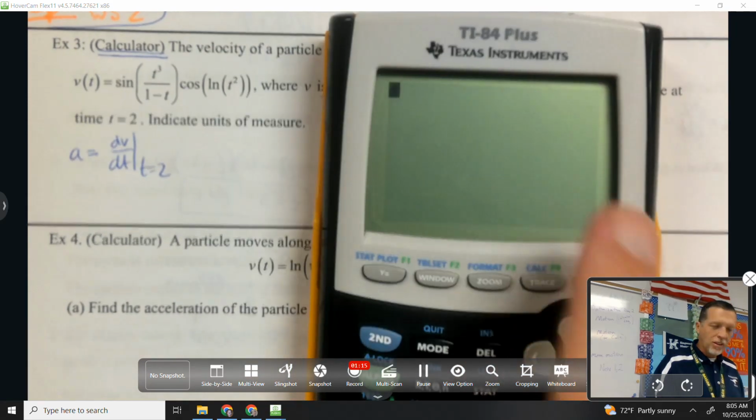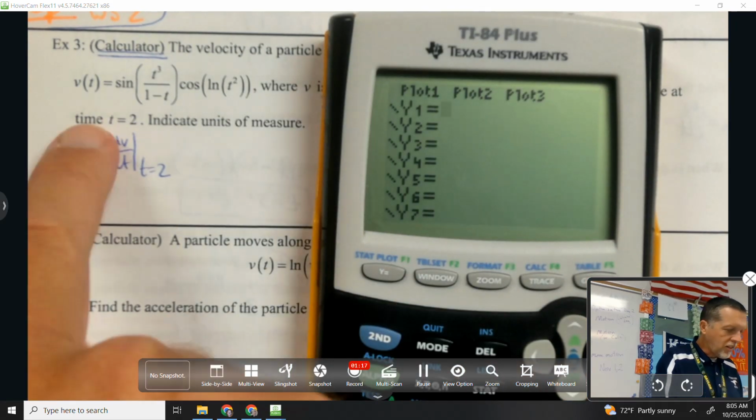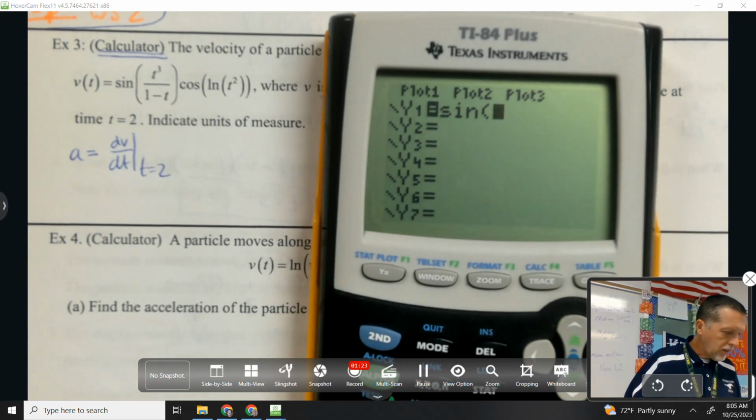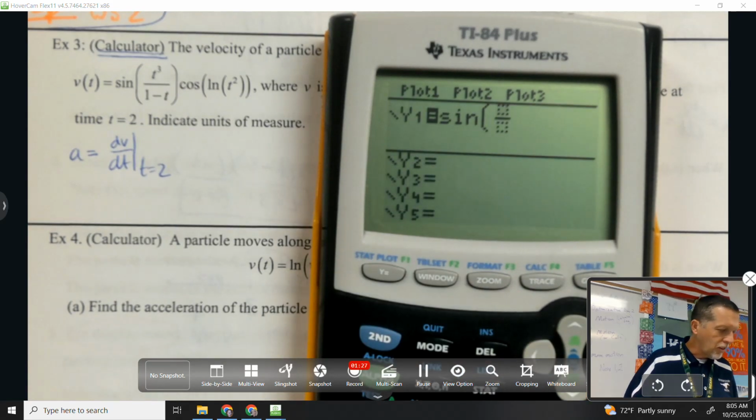Probably the best thing to do is to put this thing in for y1. So that's ugly, but we can handle this. Sine of, I'm going to be fancy and use the fraction bar thing. X cubed over 1 minus x times cosine of the natural log of x squared.